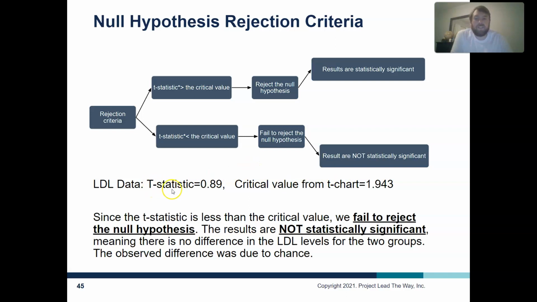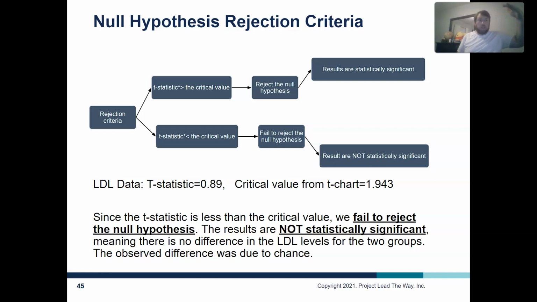What does this critical value mean? Well, our t-statistic value was 0.89, which means that our value did not get bigger than the critical value of a t-chart, meaning that in order for us to accept our test as valid and not by chance, we need our t-statistic to be higher than that critical value.